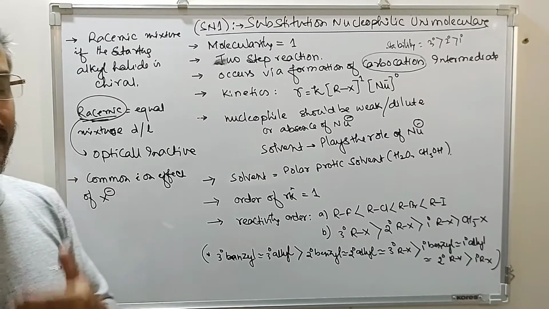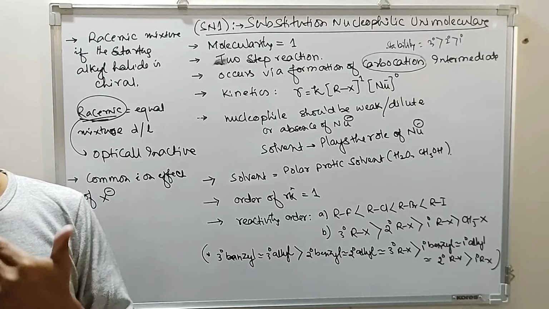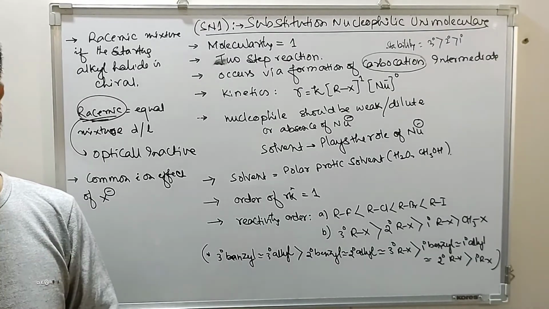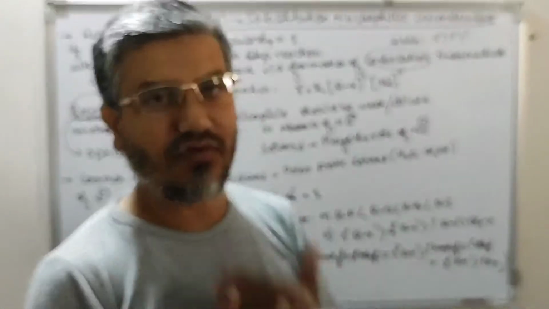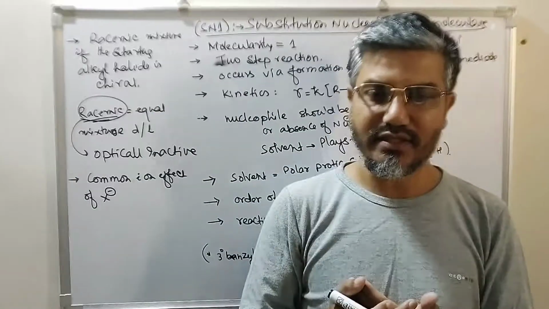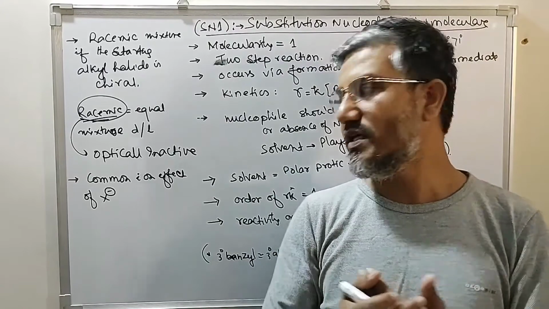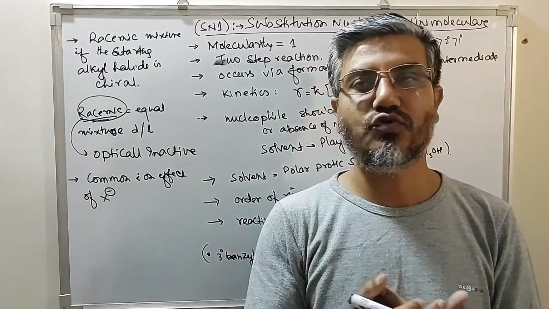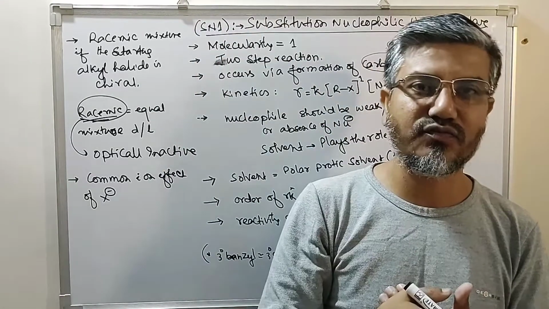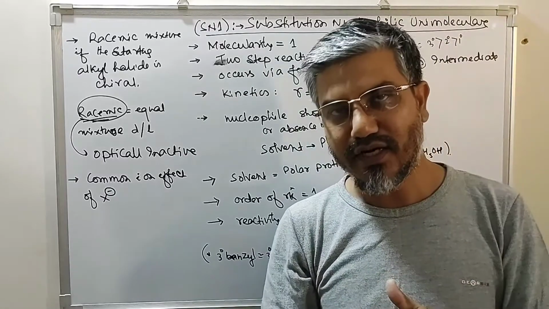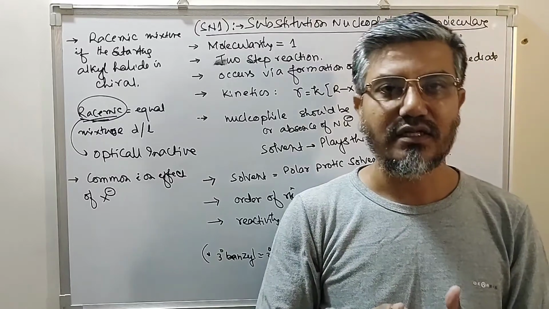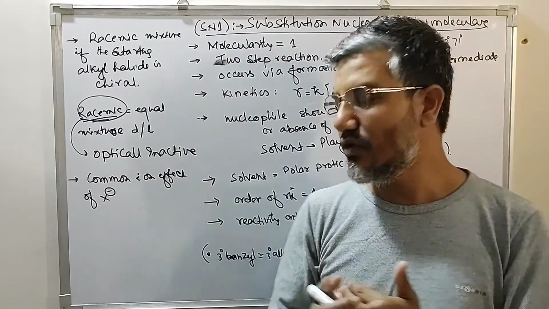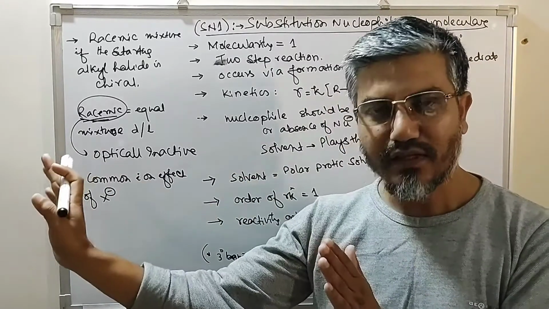That means that particular step should be the RDS, the rate determining step. That means the rate determining step is the formation of carbocation. So in the rate determining step there is breaking of the C-X bond. So if we add X minus from outside, that X minus ion shows the common ion effect. As a result, the equilibrium will be shifted backward.